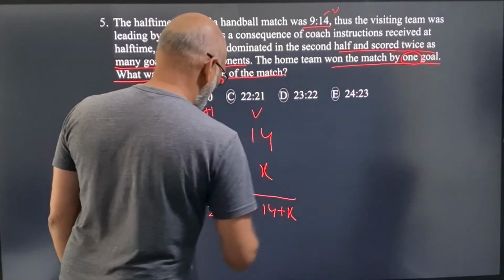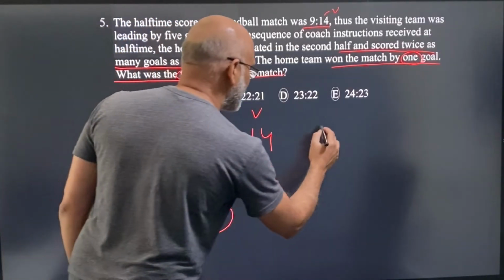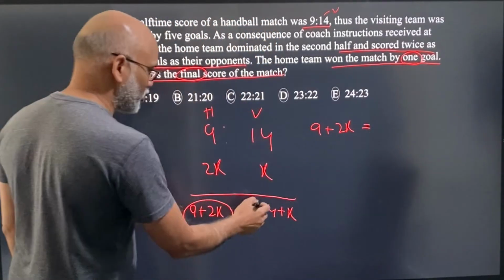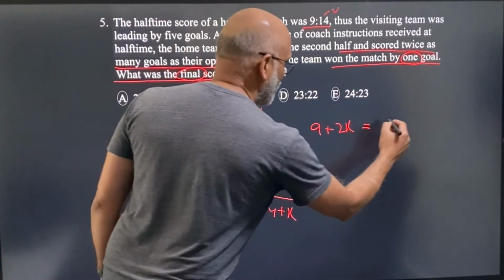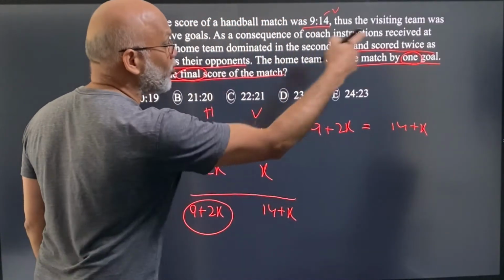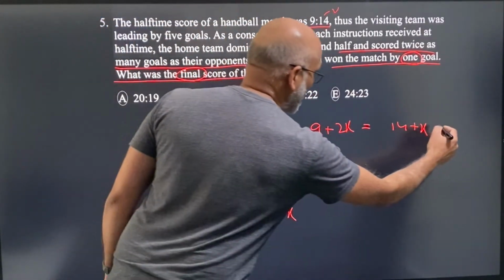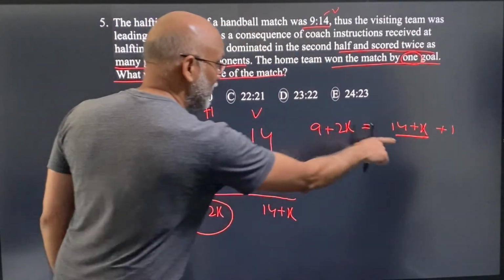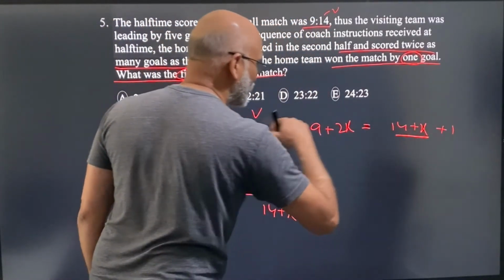So 9 plus 2x must be equal to whatever the visiting team scored, 14 plus x, plus 1. So whatever the visiting team scored finally, 1 more than that was the home team.